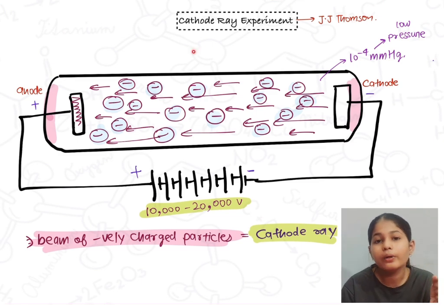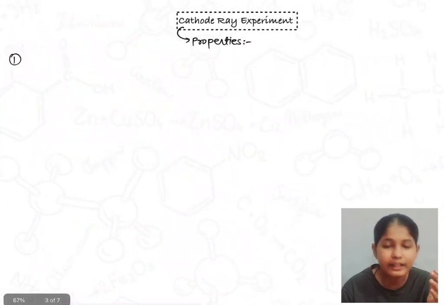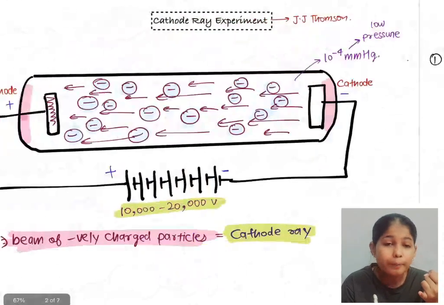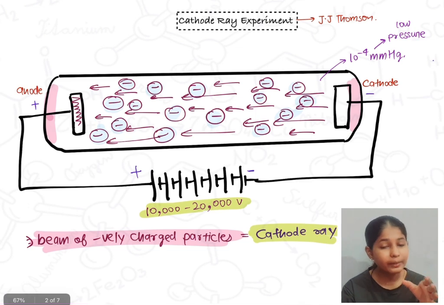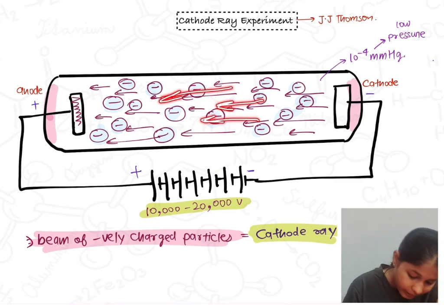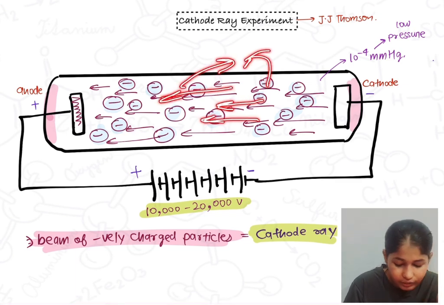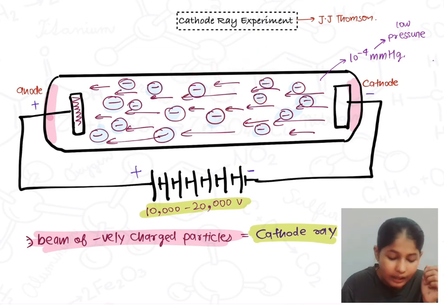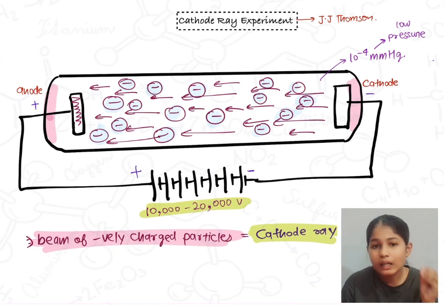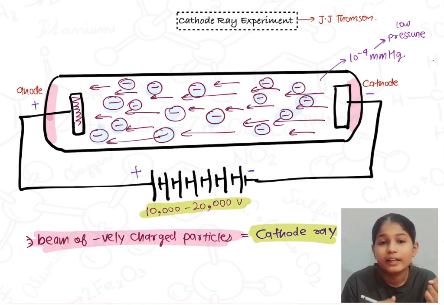Now what does it mean that electrical and magnetic fields deflect these cathode rays? It means they will distract these rays from going on their path. If they are going here, they will get deflected to another path, if these cathode rays come under a magnetic or electrical field.